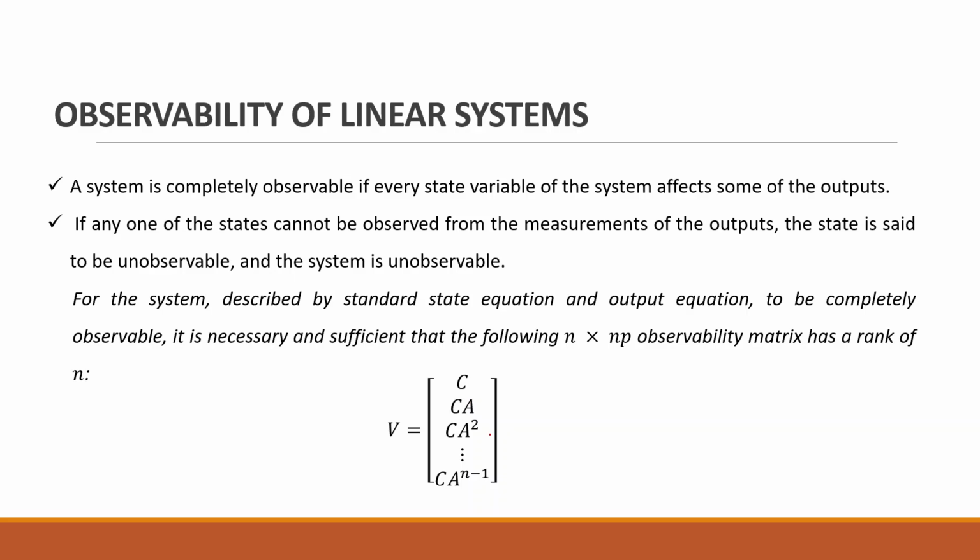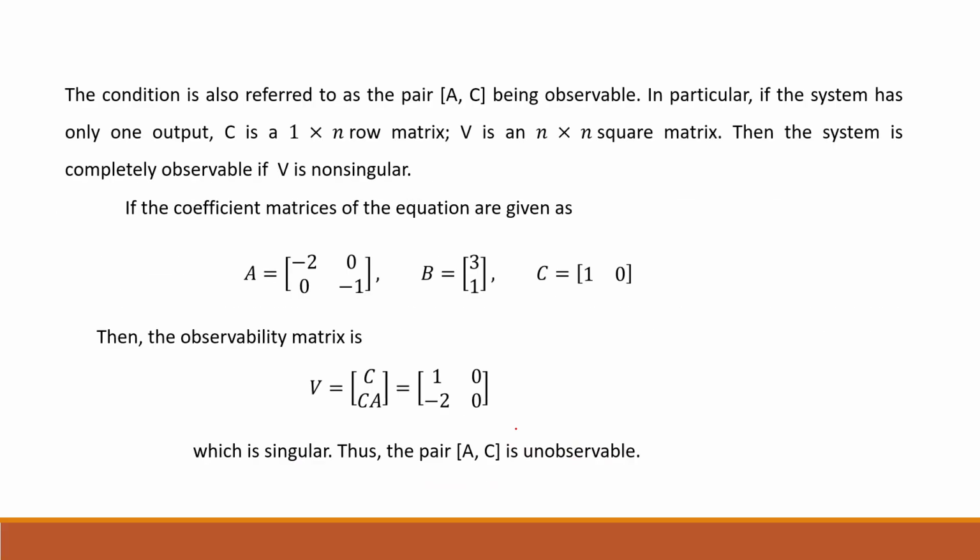If it is nonzero, then we say all the states are observable, that is, their effects are observed in the output. And if the determinant equals 0, some of the states are unobservable in the output.